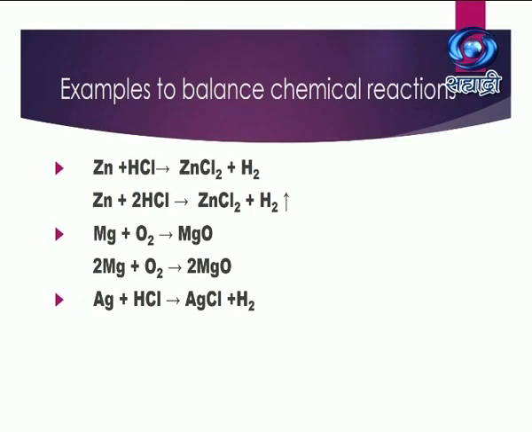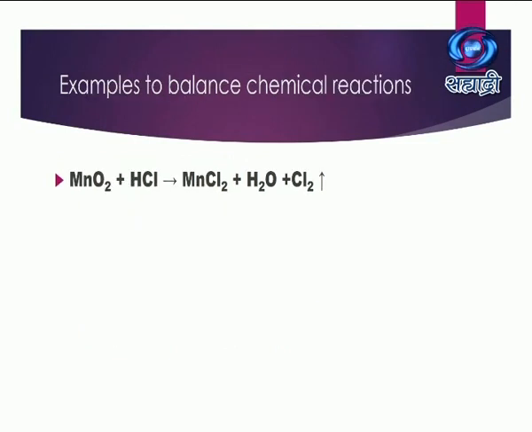But in that case, chlorine becomes imbalanced, and therefore we need to add one more molecule of AgCl. So the reaction could be like this: 2Ag plus 2HCl. That is, we are taking 2 molecules of Ag and 2 molecules of HCl. That gives us 2 molecules of AgCl plus H2 gas.